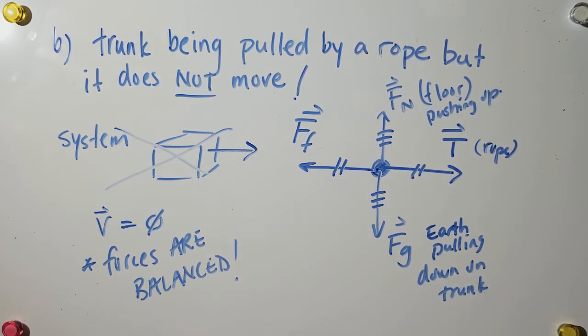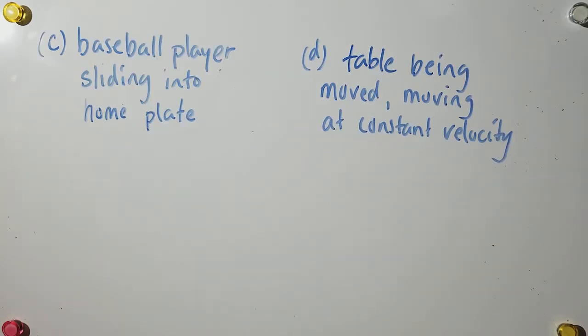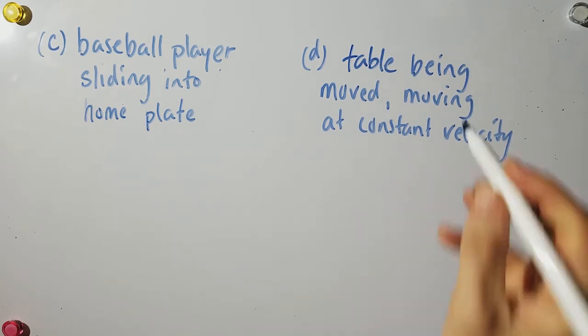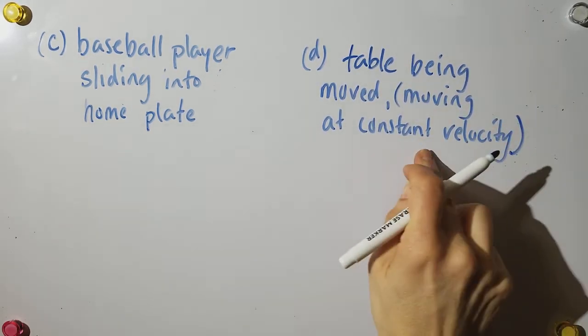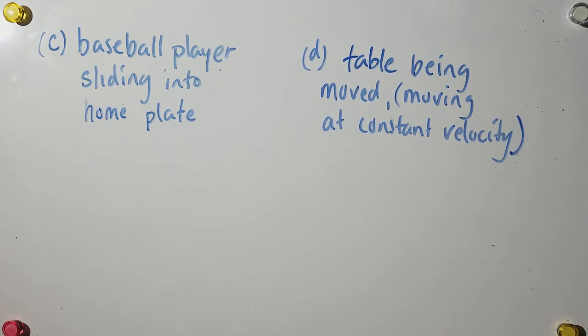All right. Okay, pause. All right, our last 2 examples we have here, a baseball sliding into home plate and a table being moved. And the table is moving at a constant velocity. Now, your textbook didn't say that, but I'm indicating it because that's the only way it makes sense to me. So a baseball sliding into home plate. Let's think about that. So here's my person.